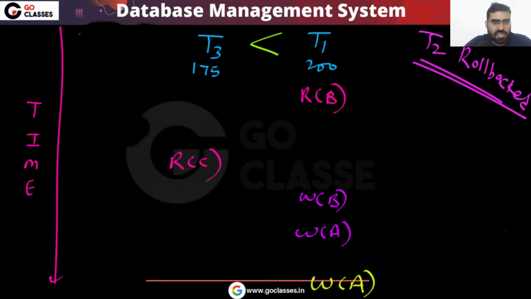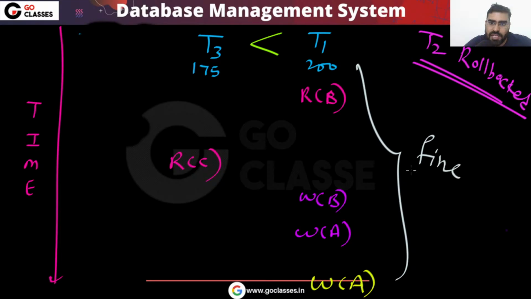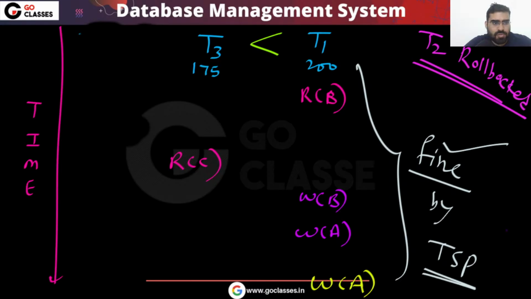Now, is there any other problem? Do we have any other conflict? There is no other conflict, right? Yes or no? So this is perfectly fine. Fine by TSP. So there is no other rollback. The only rollback will happen for T2.